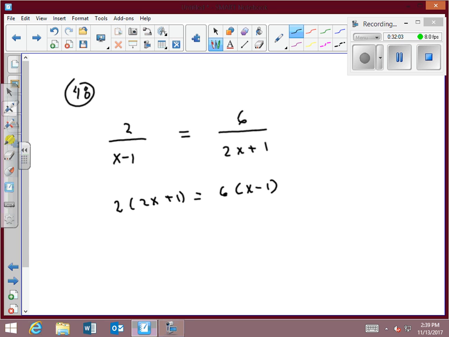If we did multiply both sides by the least common denominator, you'd still get to the same point. 4x plus 2, 6x minus 6. Now we're going to want to go variables right, constants left. So we would have 8 would equal 2x, and then x would equal 4, right?